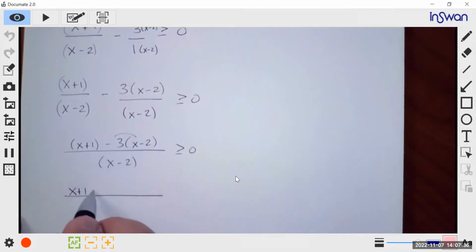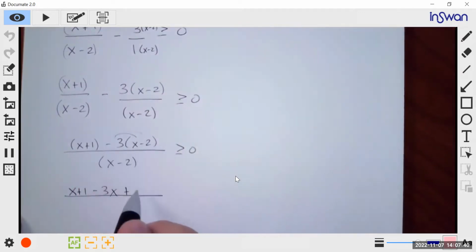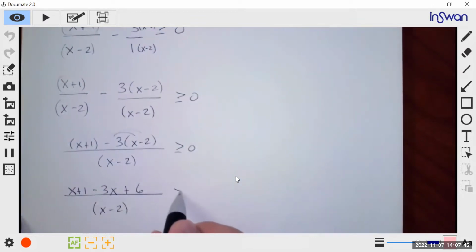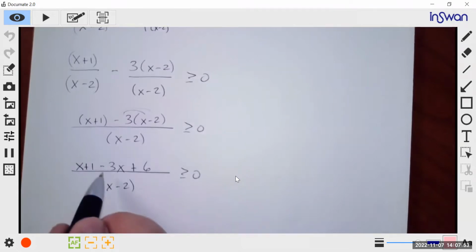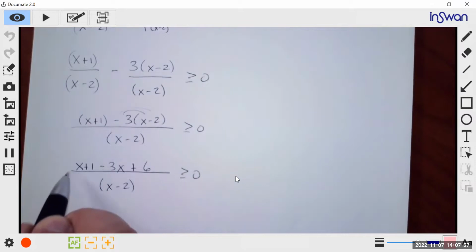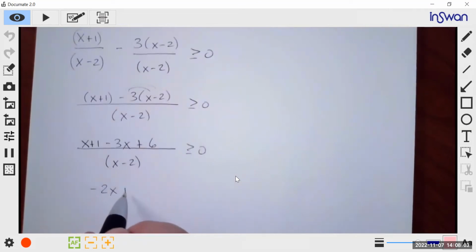Negative 3 times x is negative 3x. Negative and negative makes it positive, 3 times 2 is 6. Combine like terms. Negative 3x plus 1x is negative 2x. 6 plus 1 is 7.